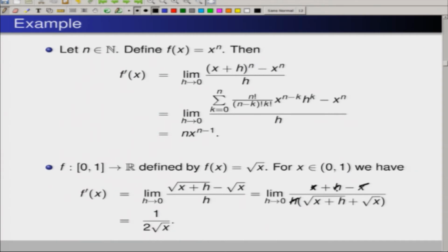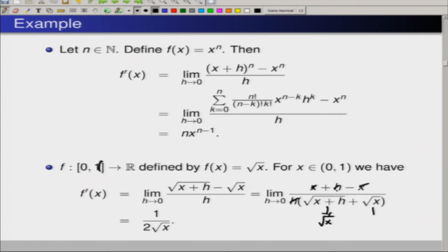Now, if the limit h goes to 0, then this goes to the square root of x, and there is no h in this one, so this is the square root of x. Therefore, this becomes 1 by 2 square root of x. So the derivative of f of x equal to the square root of x, if x is greater than 0, is 1 by 2 times the square root of x.